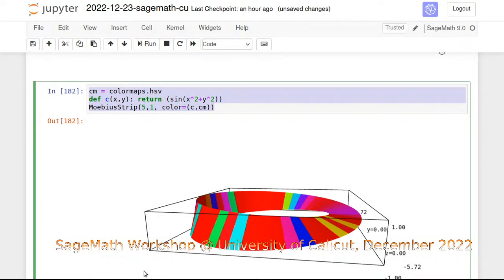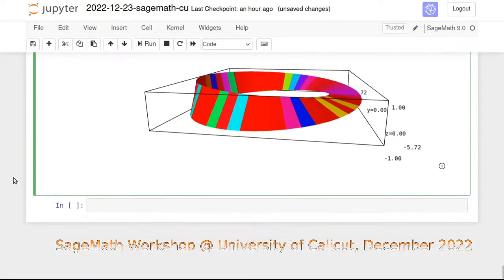What type of function you should use for C of x, y to get a beautiful looking plot is not very clear. The only thing is that we need to use the documentation. We are of course trying randomly, and that's not actually a very good thing, trying something randomly to get something. But unfortunately, as I told, you need to actually go inside the code of SageMath. Of course, that is also possible because SageMath is open source software.